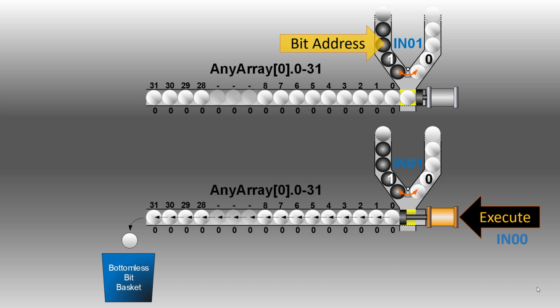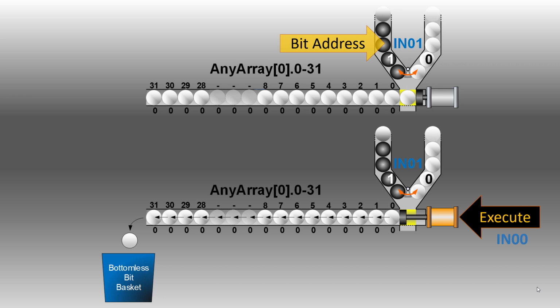Now remember that all that you need is a word in memory that you can access with a bit shift instruction. It doesn't have to be an array, it doesn't have to be a double integer, it doesn't have to be an integer. I'm showing 0 through 31, which would be a double integer. So any array is an array of double integers. How many? That's determined by the dimension.